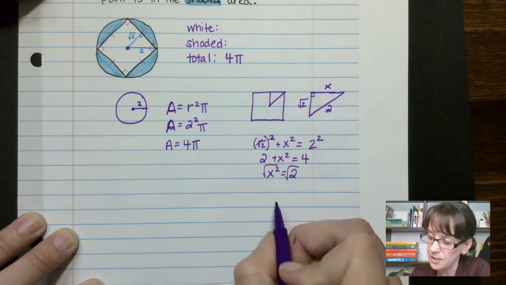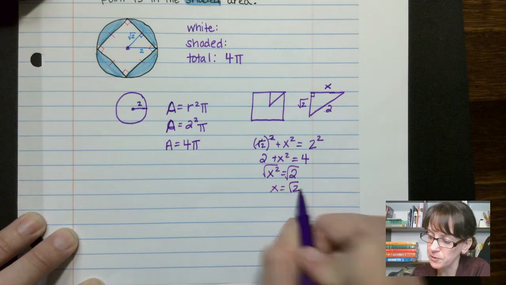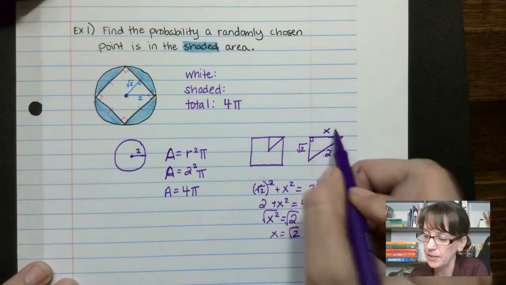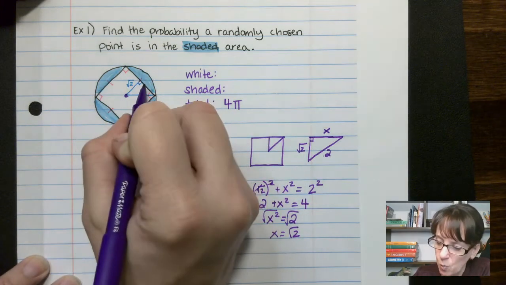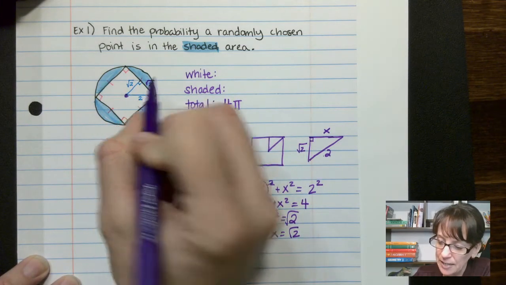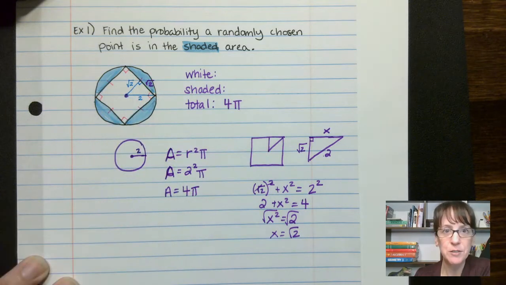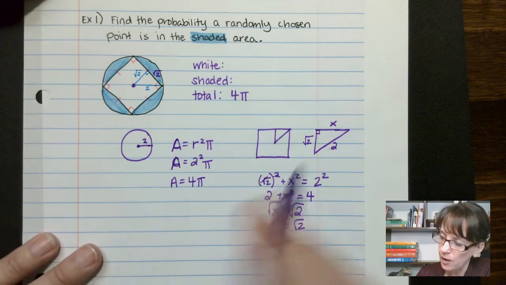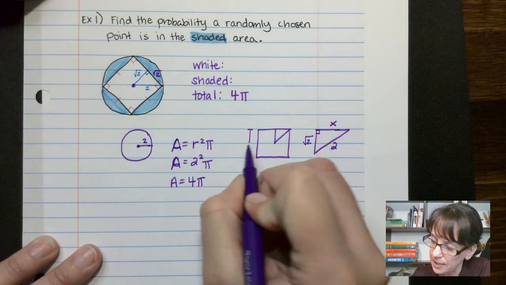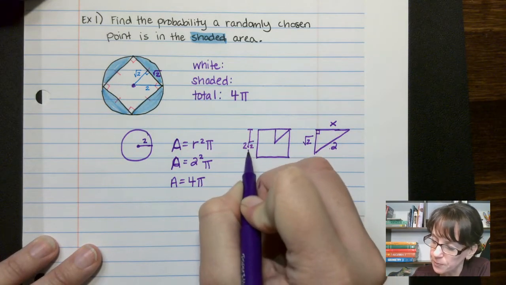Square root both sides, and you get x equals the square root of 2. That makes sense on these, but I just wanted you to see that. So we know that this piece is the square root of 2, but we have 2 of them, so we add those together and have 2 root 2.